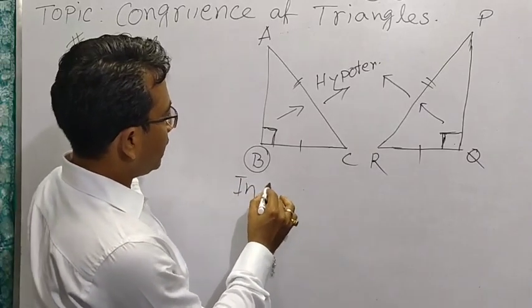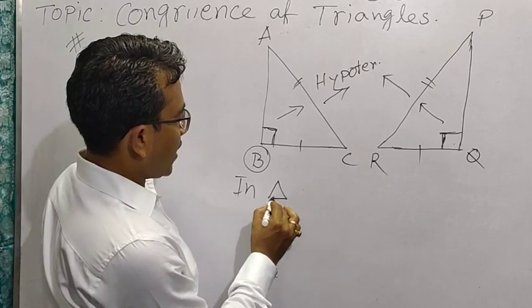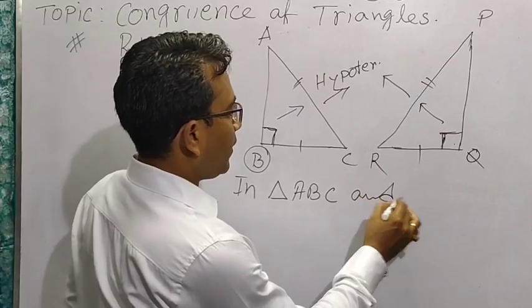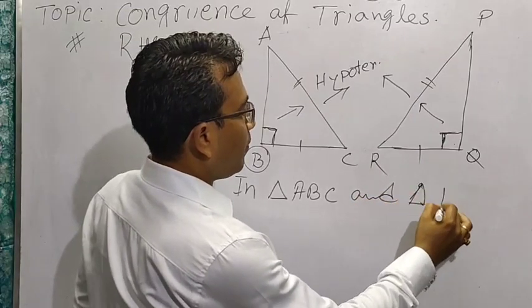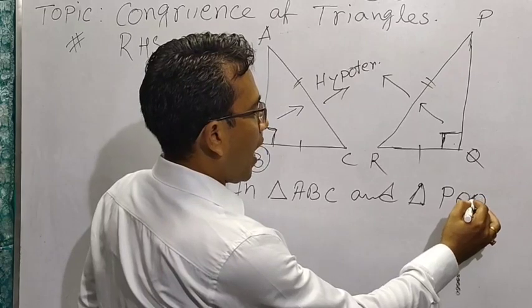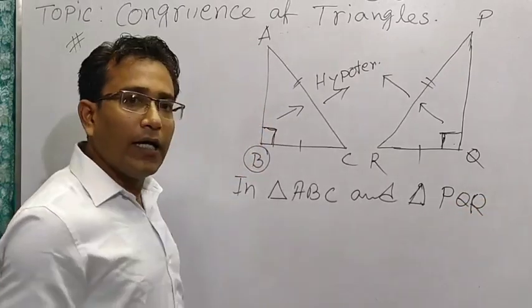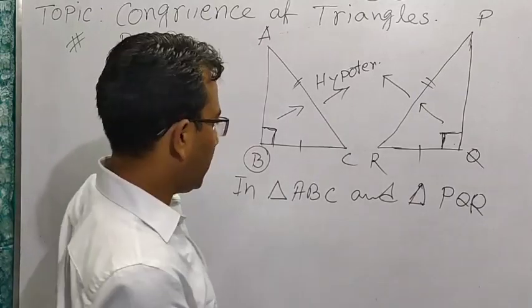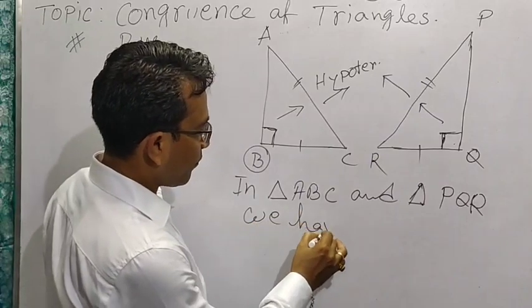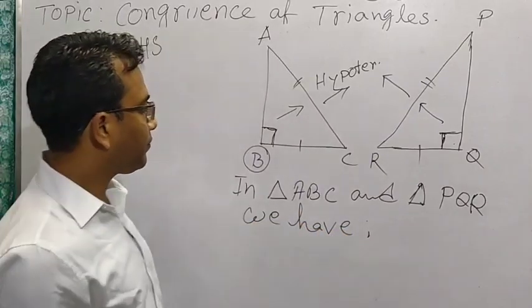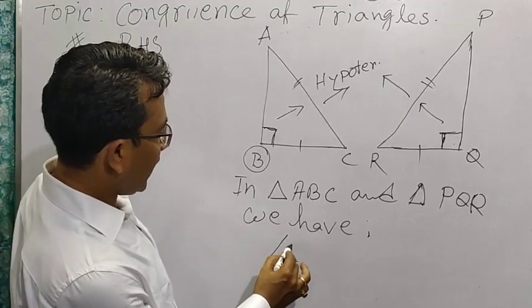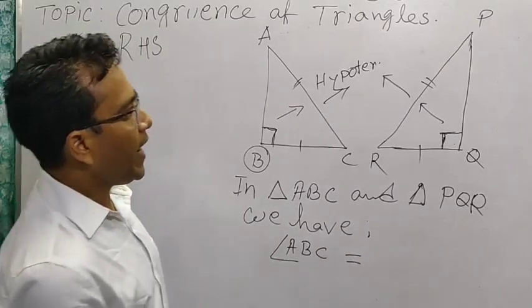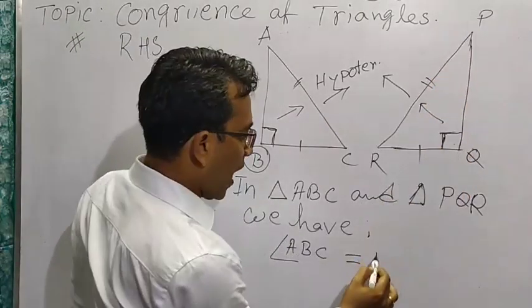In right angled triangles ABC and PQR, we have angle ABC equal to angle PQR.